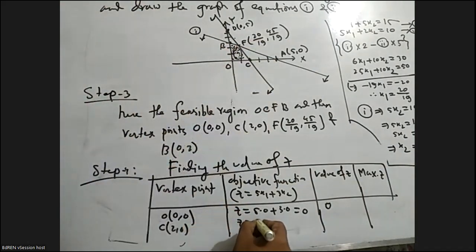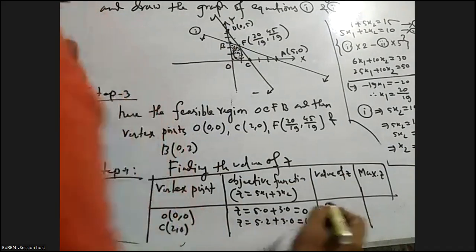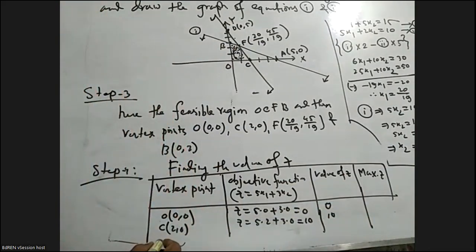At this point, 5 times 2 plus 3 times 0 equals 10. Okay. Now, another point, F point. F point will be 20 by 19, 45 by 19.